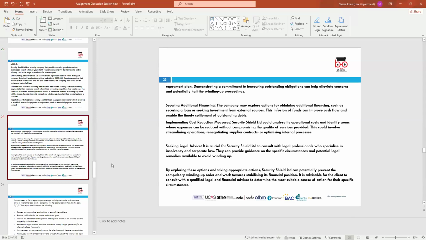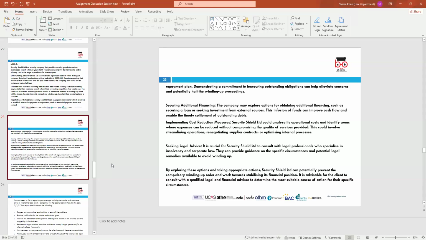Demonstrating a commitment to honouring outstanding obligations can help alleviate concerns and potentially halt the winding up proceedings. Secondly, securing additional finance. The company may explore options for obtaining additional finance, such as securing a loan or seeking investment from external sources. This infusion of funds can improve cash flow and enable the timely settlement of outstanding debts.